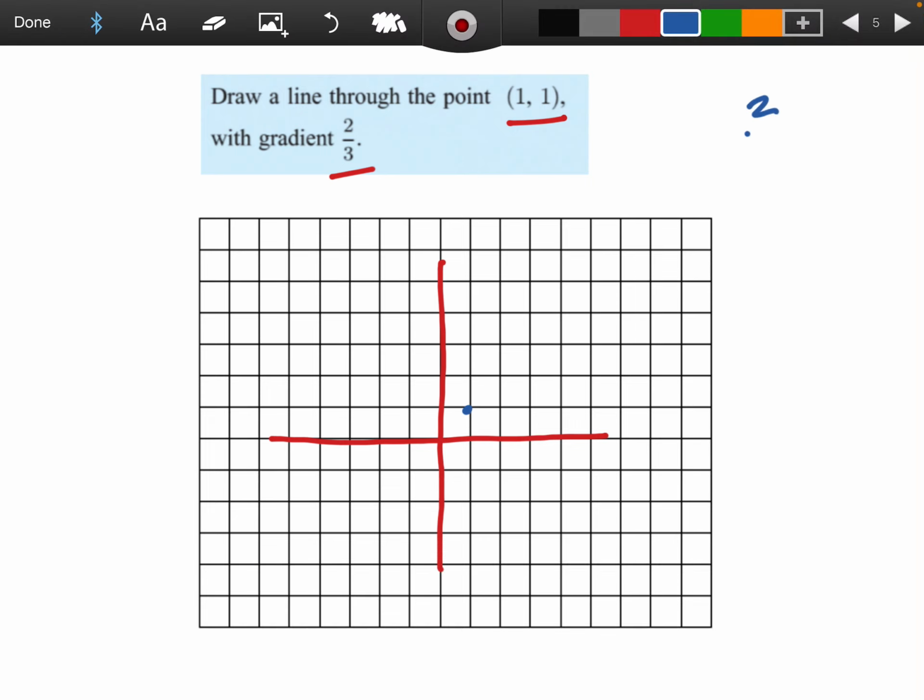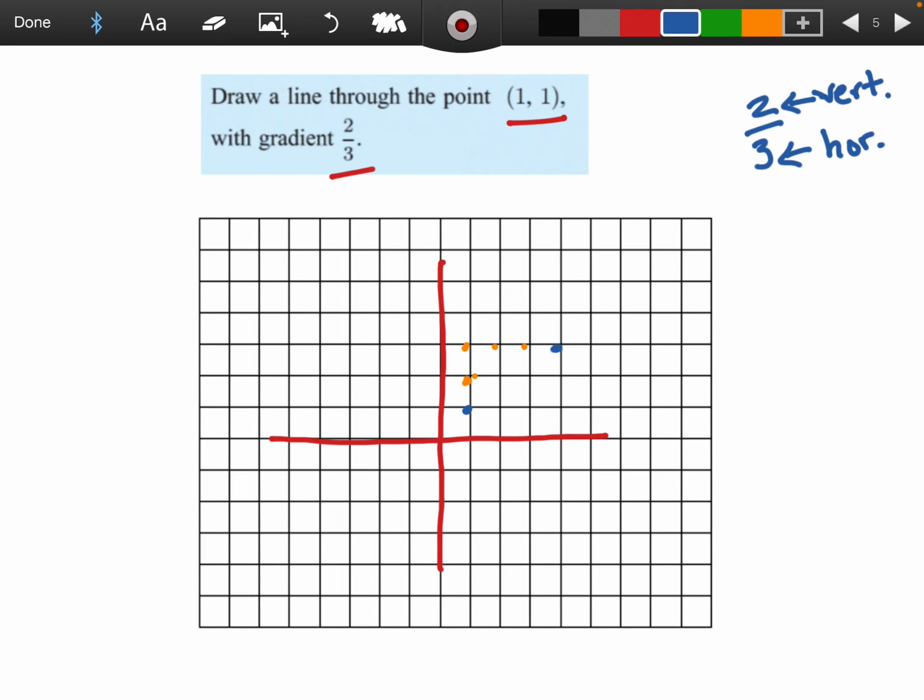Now, to figure out where to go next, you need to understand what this fraction is telling me. It's telling me that to get from one point to another, I'm going to go 2 vertically and 3 horizontally. So from the point that I was given, 1, 1, I am going to count up 2 vertically, and then 3 horizontally.